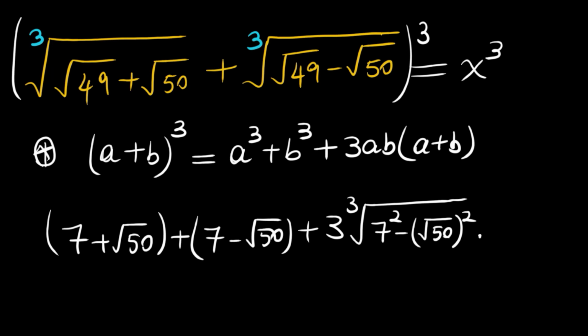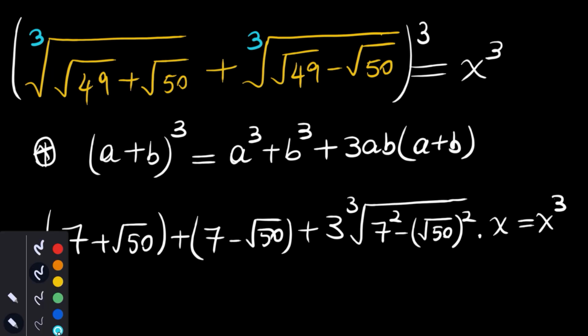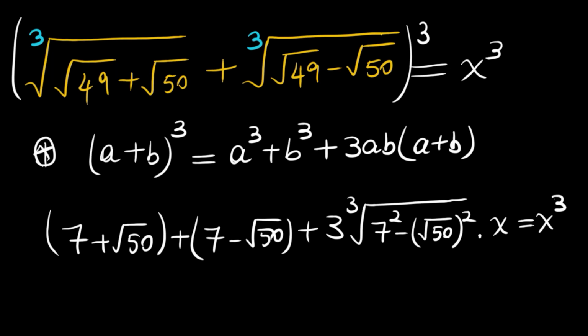Since we write this x for a plus b, we have x for this a plus b, and this is equal to x cubed. From this we have simplifications. This positive root 50 and negative root 50 cancel. Here we have 49 minus 50, which is negative 1, and the cube root of negative 1 is again negative 1.